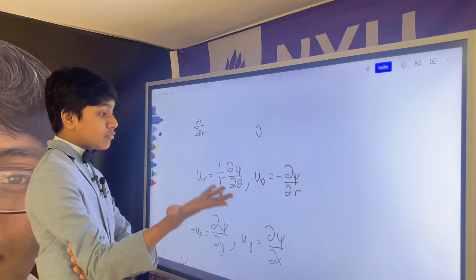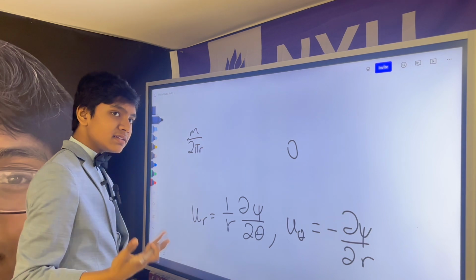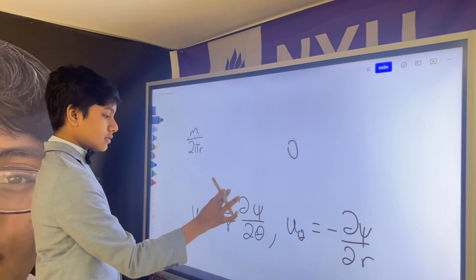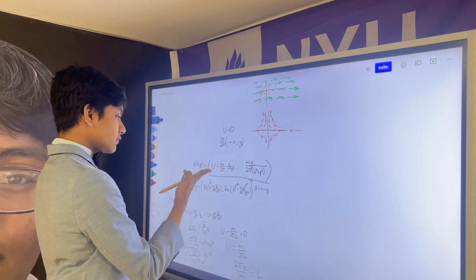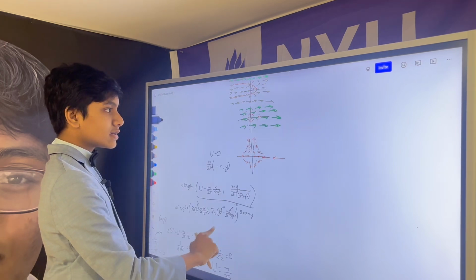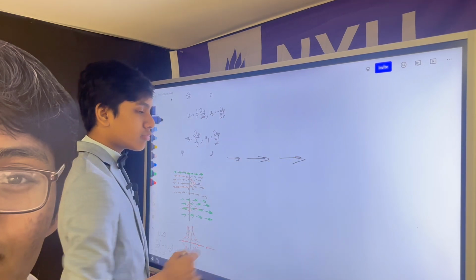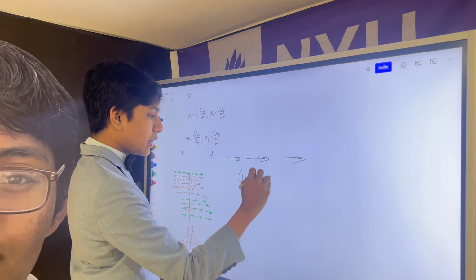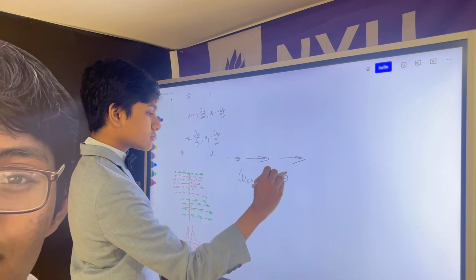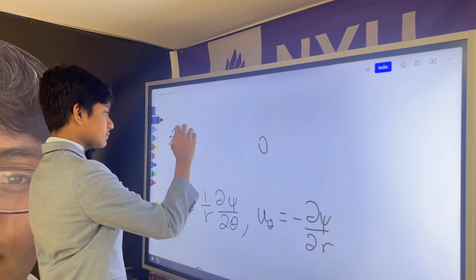But remember that we have a potential flow added to the system. And this potential flow is going to mess with everything, because a potential flow in polar coordinates is not going to be the same tidy regular vector. It's going to be u cosine theta, minus u sine theta.